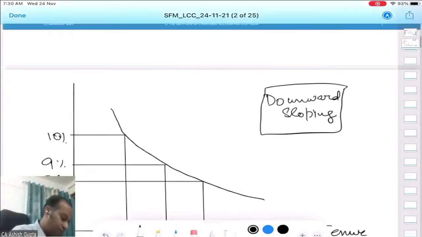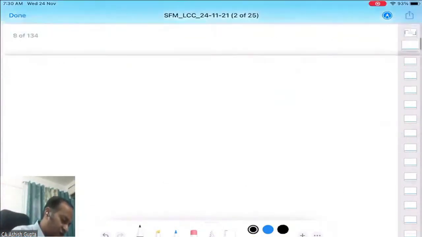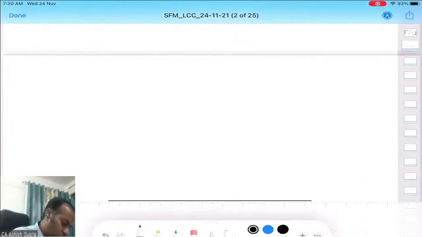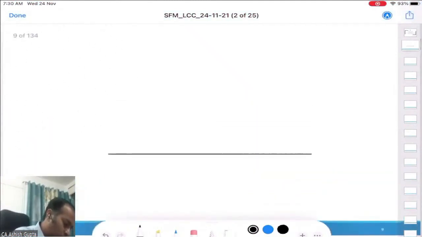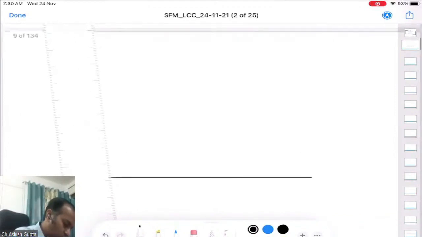Okay, student. Now there is another situation also. This is called a humped yield curve.